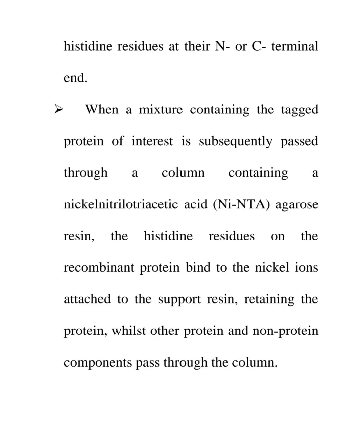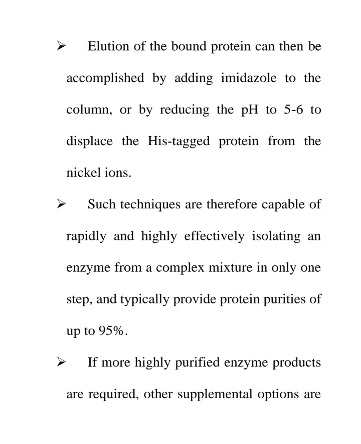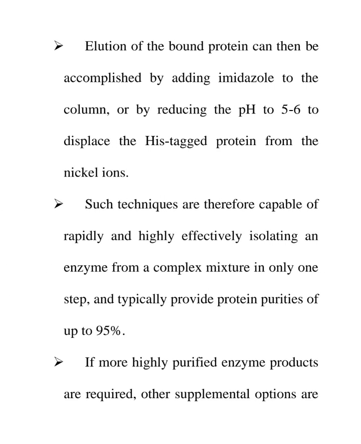When a mixture containing the tagged protein of interest is subsequently passed through a column containing a nickel nitrilotriacetic acid agarose resin, the histidine residues on the recombinant protein bind to the nickel ions attached to the support resin, retaining the protein, whilst other protein and non-protein components pass through the column. Elution of the bound protein can then be accomplished by adding imidazole to the column or by reducing the pH to 5 to 6 to displace the His-tagged protein from the nickel ions.